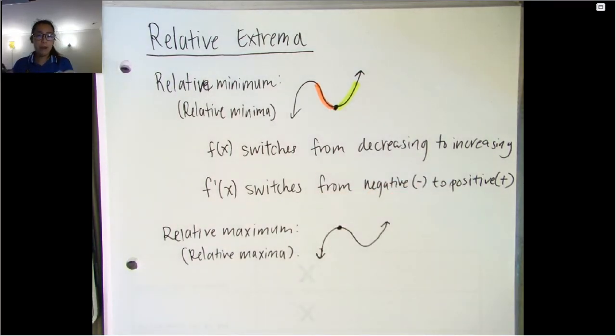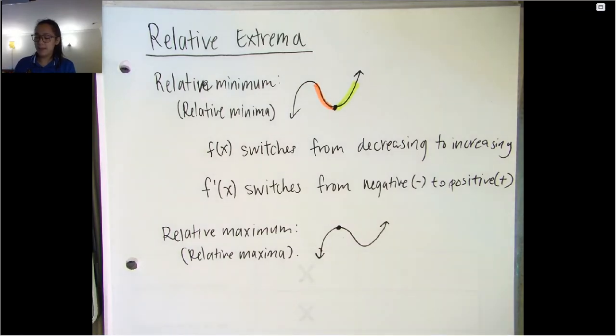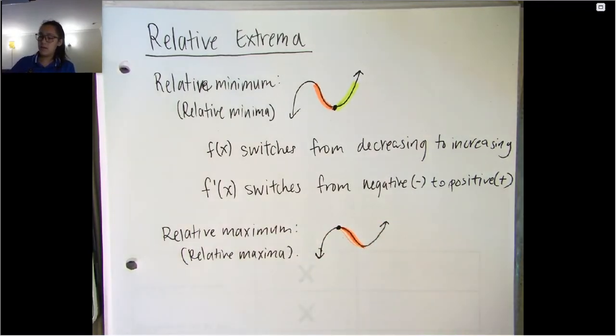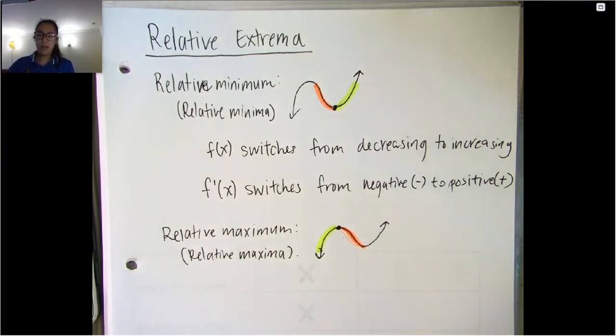So relative to the points around it, it is a maximum. And this area we're decreasing, and this area we're increasing. So that means that relative maxima occur where f of x switches from increasing to decreasing, or where f prime of x switches from positive to negative.